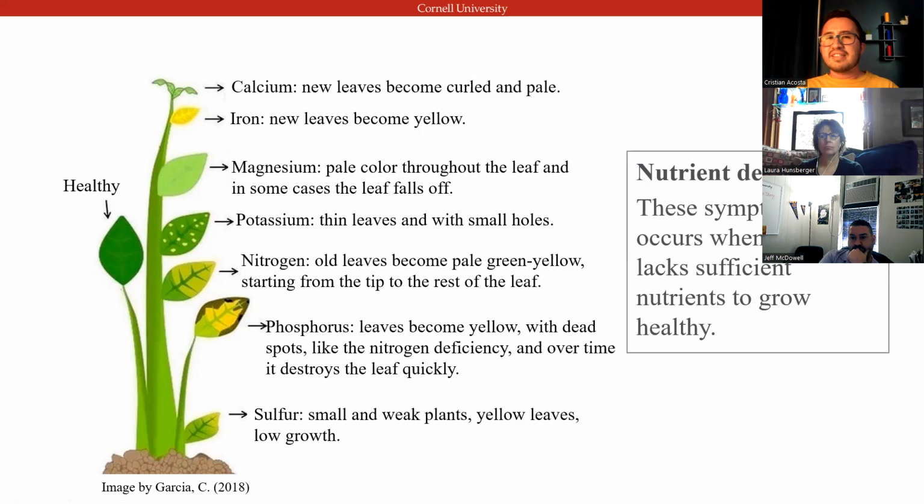Because another question is, well, I put fertilizer and I bought a bunch of things from the store and I put it in there, but nothing is happening and the plant is still yellow and still showing that it lacks iron or nitrogen, or the plant is just not taking it.